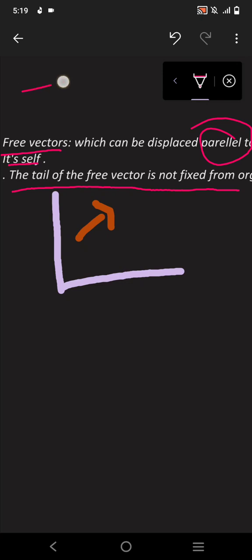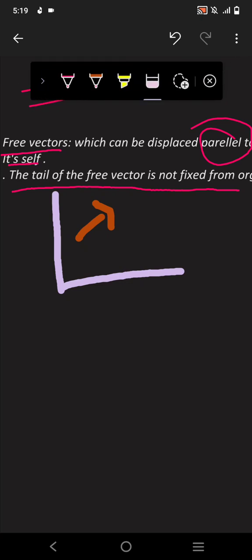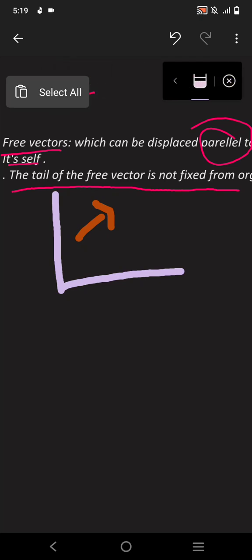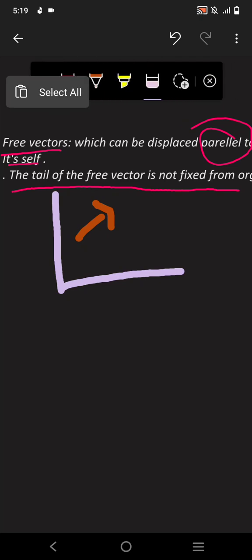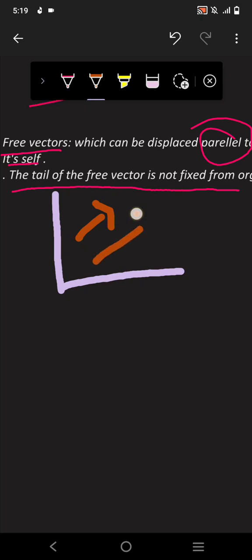For example, this and this are both parallel, facing each other, we studied this in the previous vector type. So if I draw a free vector over here, yes, it would be parallel to itself, alright.